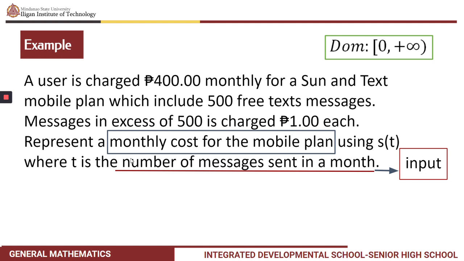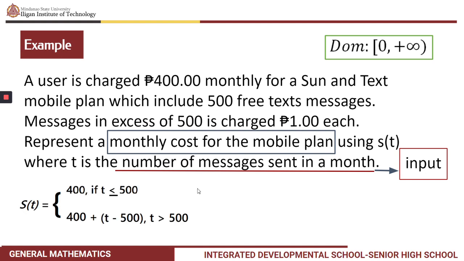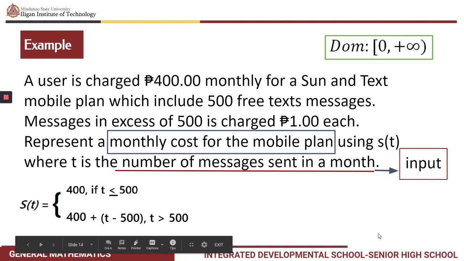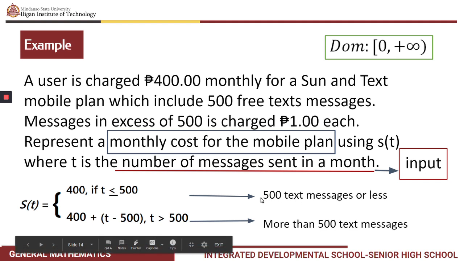So the piecewise function will be 400 if t is less than or equal to 500, meaning 500 text messages or less, and 400 plus t minus 500 where t is greater than 500, which means more than 500 text messages yung nagamit mo in a month.